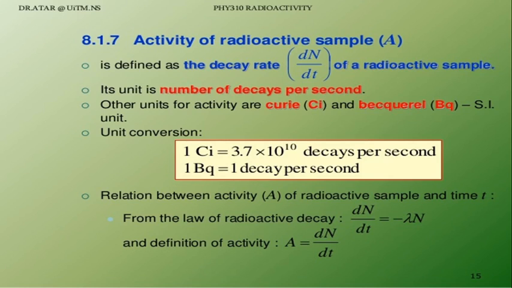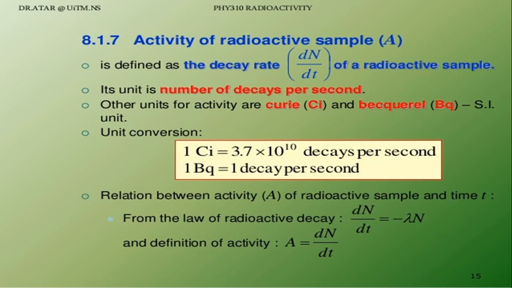So R is equal to lambda N. Here the activity is given by capital A, or we can use capital R also, so that A equal to R is equal to dN by dt, which is equal to lambda N. And the SI unit of activity is the becquerel, Bq, where 1 decay per second is known as 1 becquerel.